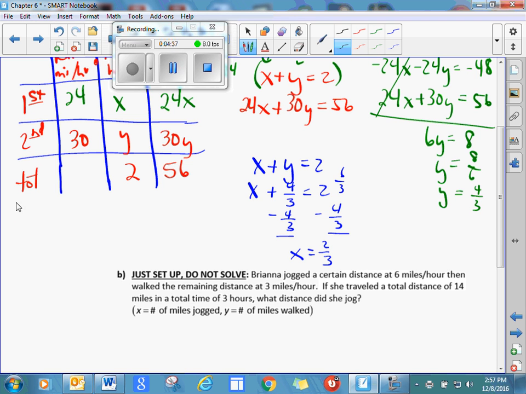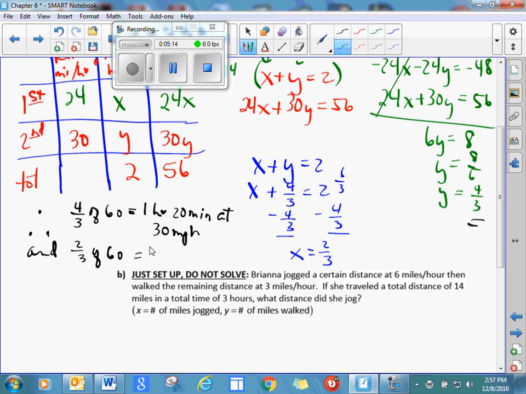So in order to answer the question, we've solved all this. Therefore, the answer to the question is 4/3, this guy, of 60 is 1 hour and 20 minutes. 1 full hour and 20 minutes at 30 miles per hour, because that's what y was, 30 miles per hour, and 2/3 of 60, which is 40 minutes at the faster speed.